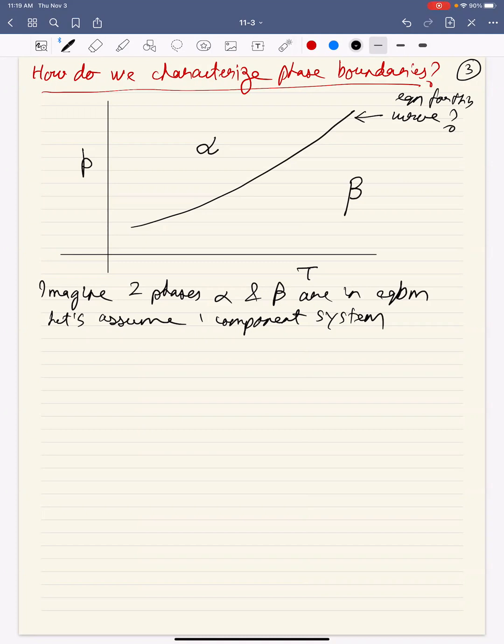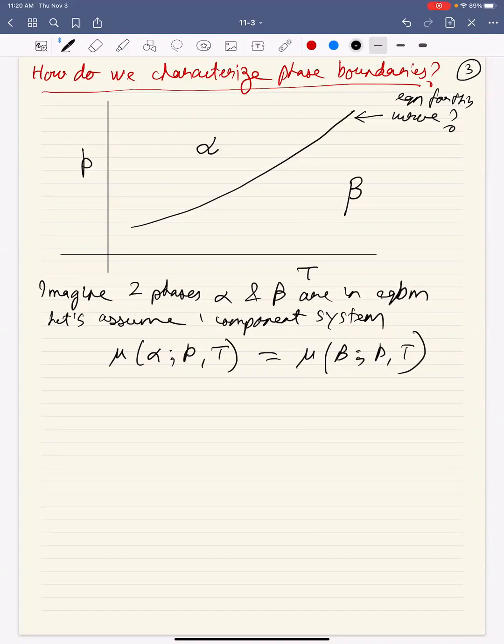What did we just study about equilibrium? What characterizes equilibrium? Chemical potential being constant, right? And remember, when we did Gibbs phase rule derivation, we said that the chemical potential really depends on pressure and temperature. Why does chemical potential depend on pressure and temperature? Because chemical potential comes from G, right? And G depends on pressure, temperature, number. And you're talking about a one component system, so you're not talking about change in the number.